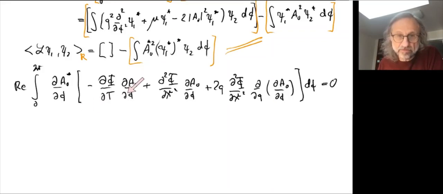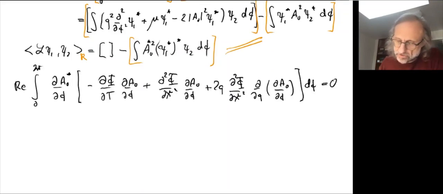If you integrate the absolute value squared times this object, and that's supposed to be 0, then this object better be 0, because the absolute value squared is positive definite. The same happens here, this is also the absolute value squared. We just don't see it yet because there's this derivative with respect to q. But we do see there's a dA naught by d phi. So we're almost there. We just need to figure out what this is.